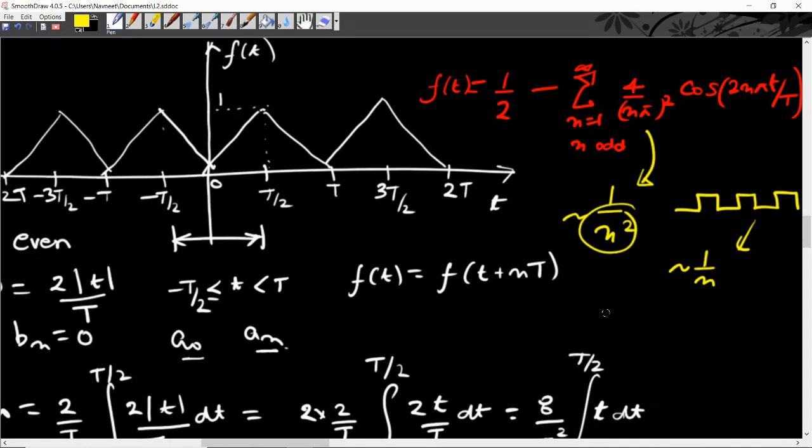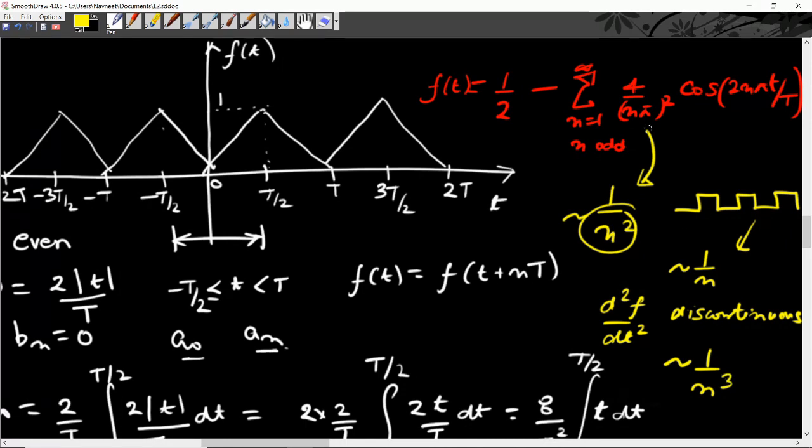Similarly, one can check that if we have a function whose second derivative is discontinuous, but the function itself is continuous and its first derivative is also continuous, in that case we'll have coefficients of the form 1 over n cube.